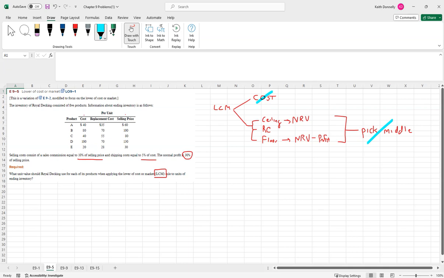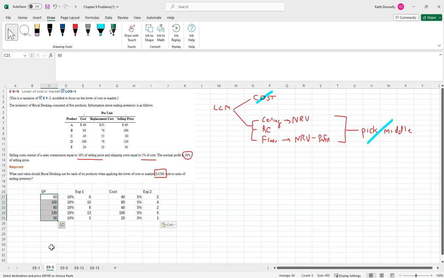So with this, again, we have some math we have to do. I'm going to copy this over, and then I can show you what I did on it. So we have our selling price right here, 60 bucks, just carried it down. The first thing we got to do is find the expenses for NRV, because NRV is selling price minus cost.